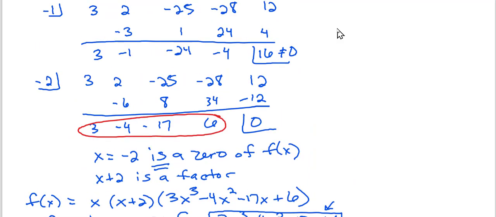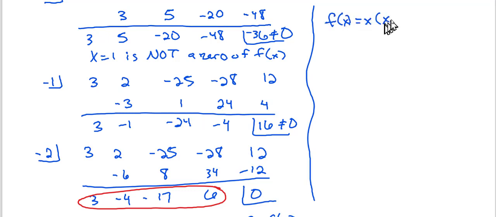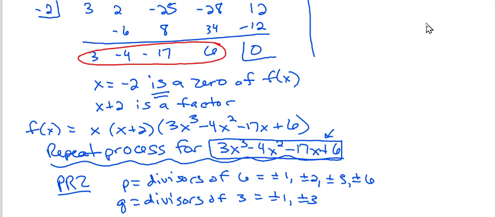So let me come up here, use a second column here. Now I'm going to say f of x will equal x times x plus 2 squared, because we're going to have another x plus 2.